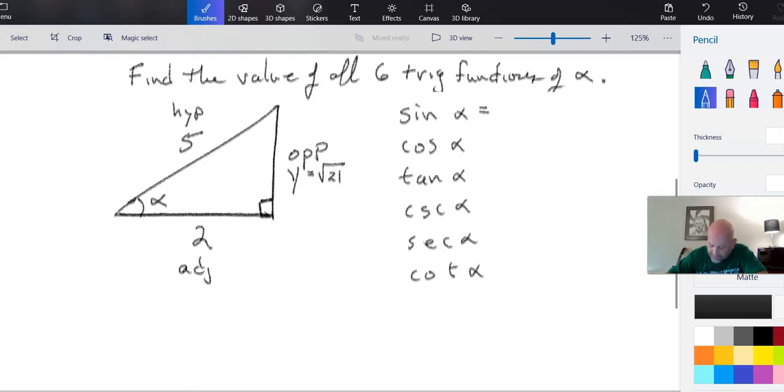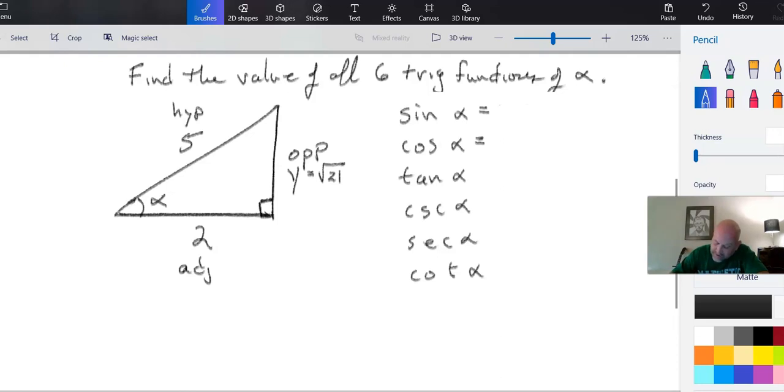Yeah, so sine alpha is the opposite over the adjacent side. So this would be the square root of 21 over 2. That's it. We just write it down once we find it. Cosine alpha is the adjacent over the hypotenuse. Oh, I just wrote sine wrong. Let's try that again.